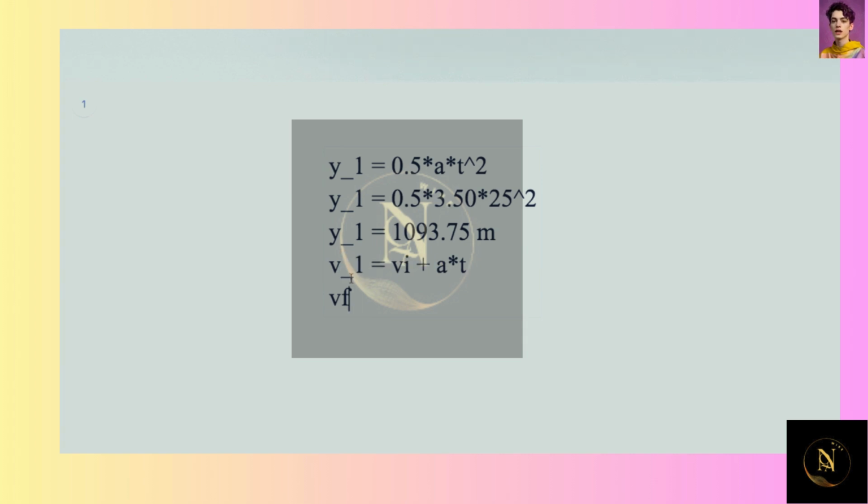This is the velocity after just the first stage. It's just going to be equal to 3.50 times 25.0, plus 0.0 as well. That's going to give us a final velocity after the first stage of 87.5 meters per second.